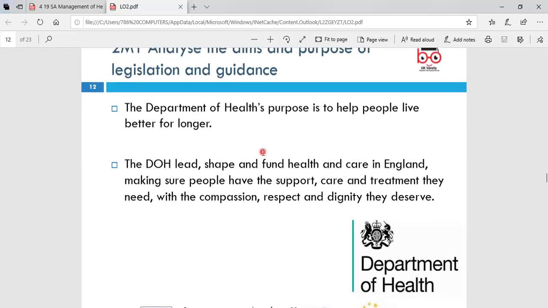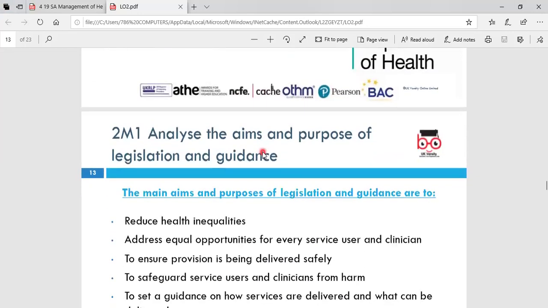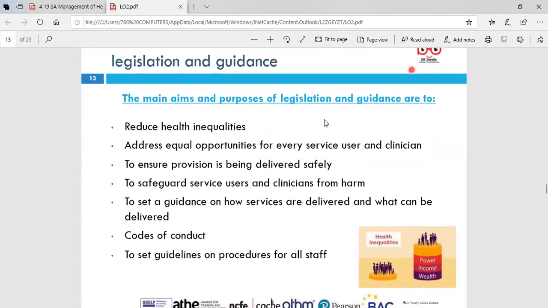dignity that they deserve. So the main aims and purposes of legislation and guidance are to reduce health inequalities, address equal opportunities for every service user and clinician, to ensure provision is being delivered and it's being safely delivered, to safeguard service users and clinicians from harm, to set a guideline on how services are to be delivered and what can be delivered, different codes of conduct, they're being communicated, and to set guidelines on procedures and steps, basic steps for all the staff.